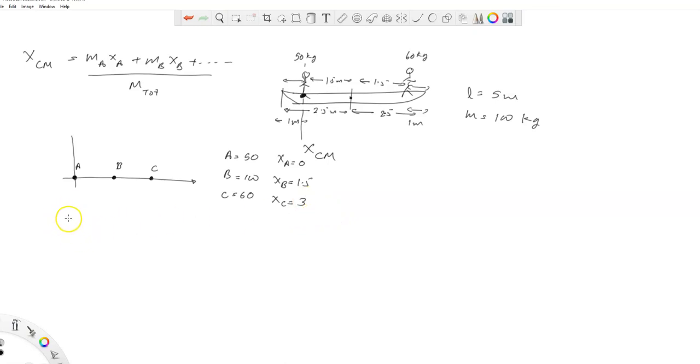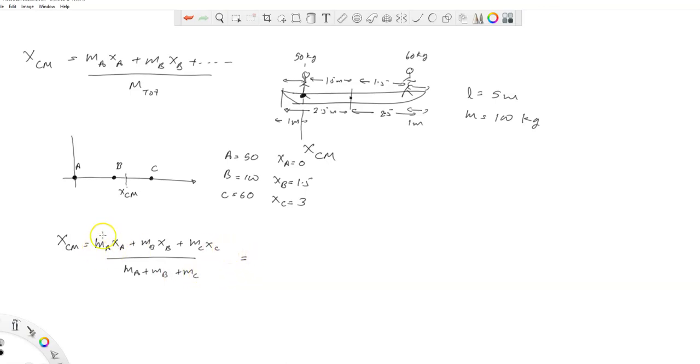So now we have the distances, we have the masses, so we can plug this into the equation. X center of mass, where is it going to be? I'm just going to assume that it's somewhere here. It could be on the other side also, we don't know. Let's find it out. XCM is MA XA plus MB XB plus MC XC over total mass, MA plus MB plus MC.